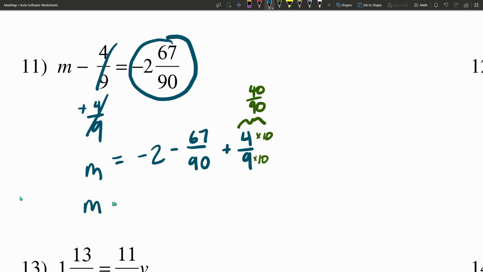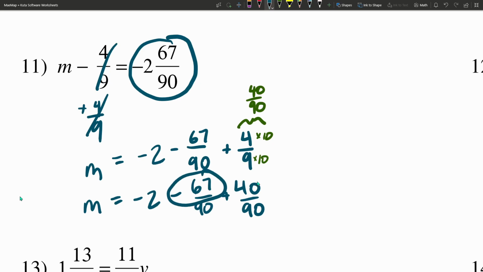So now I have that m is equal to -2 minus 67/90 plus 40/90. And if I have a -67 plus a +40, that's going to leave me with a -27. So m is going to be -2 minus 27/90.